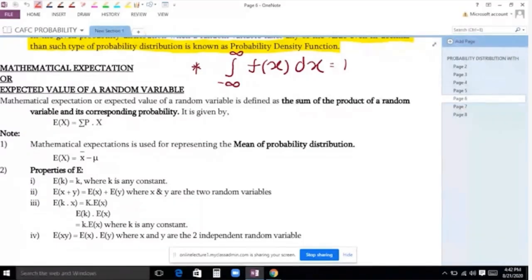We are going to solve sums on it, which are based upon mathematical expectation, bro.